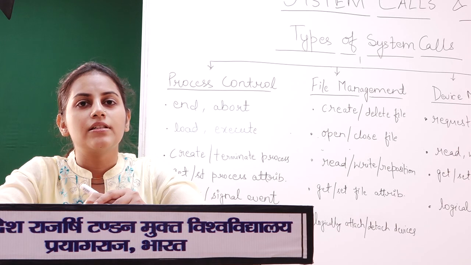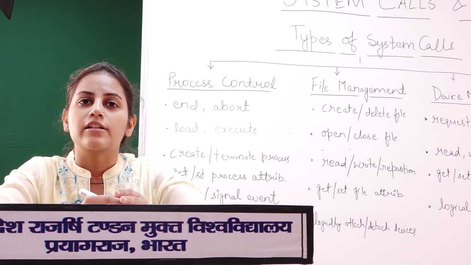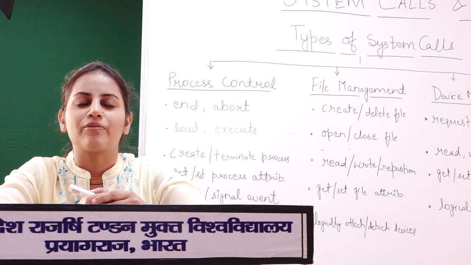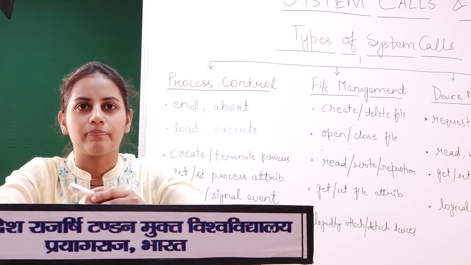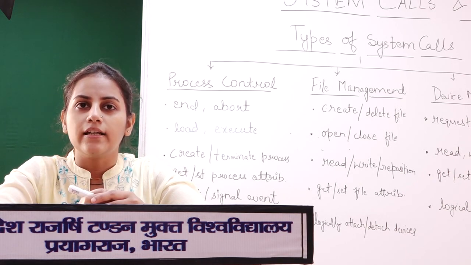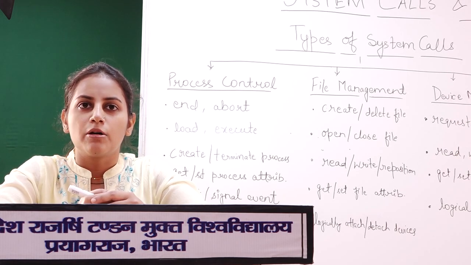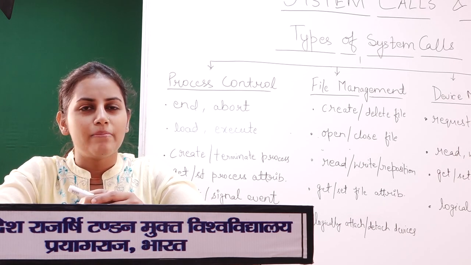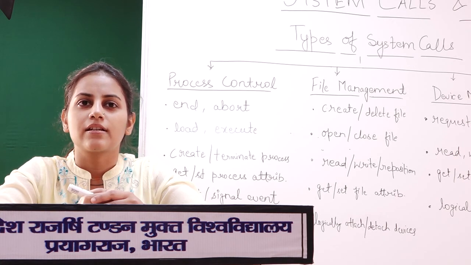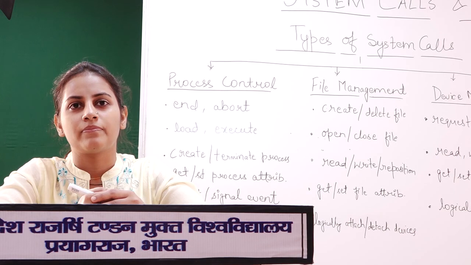Thus, the different types of system calls can be grouped according to the corresponding functionalities provided by the operating system. The system calls can be grouped broadly into 6 different types. These are process management, file management, device management, information maintenance, communication, and protection.